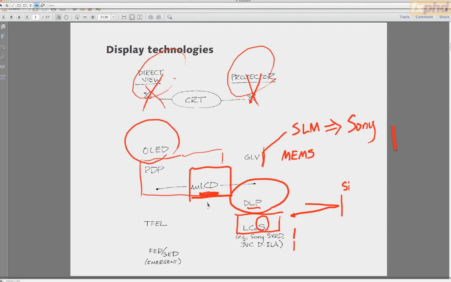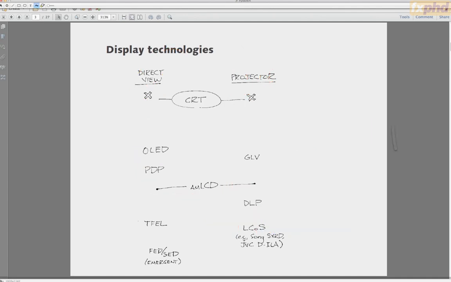The most of the lower cost projectors have an LCD panel where the light is just traveling through the LCD. It's just sort of a small version of a direct view panel. So those are the display technologies available.